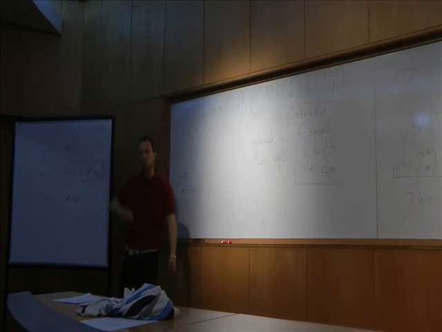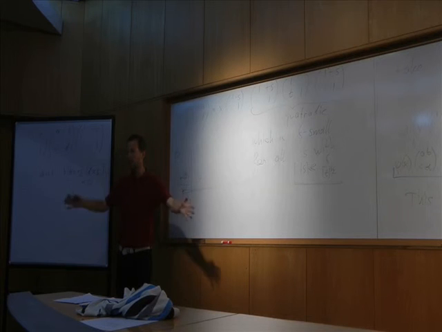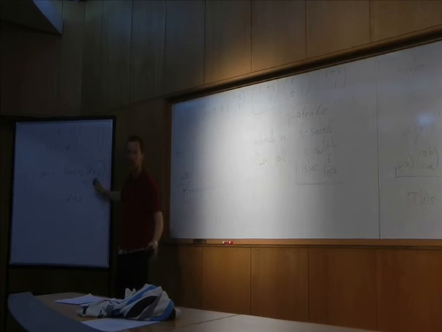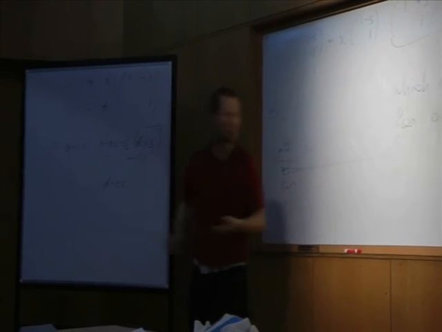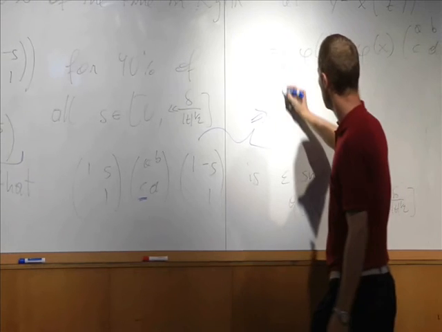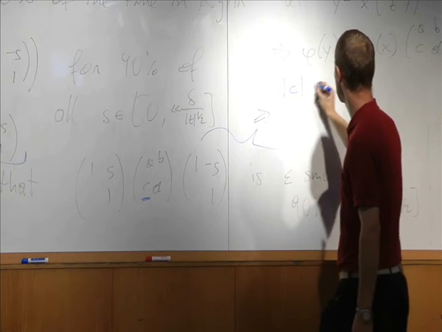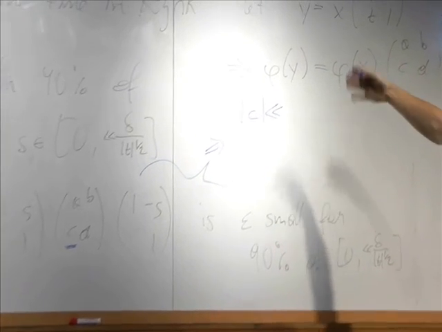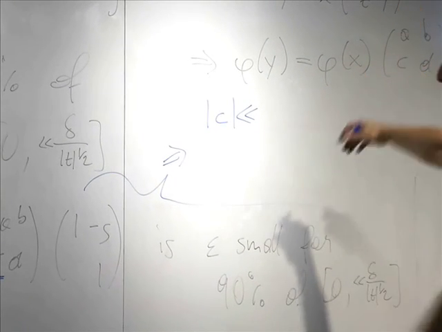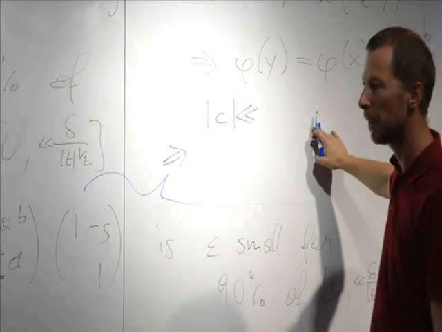If my quadratic polynomial is epsilon small for almost 100% of an interval, then this coefficient must be appropriately small. What does appropriately small mean? The C is bounded. There's some constant, some 5, 10, whatever appearing. It doesn't really matter.